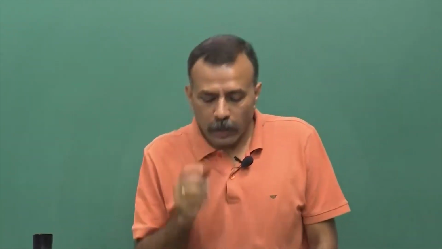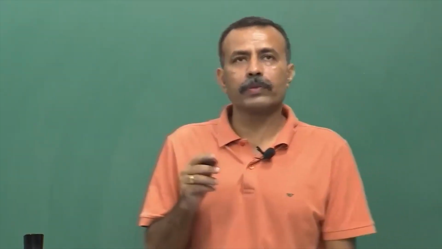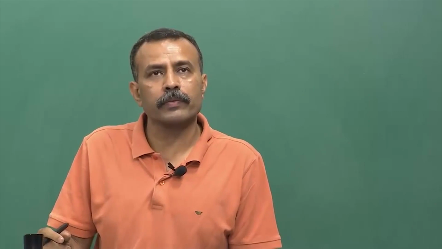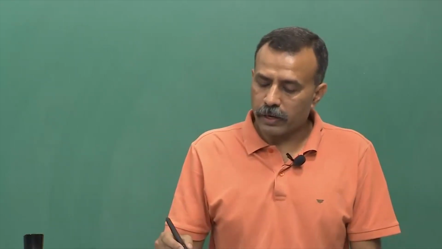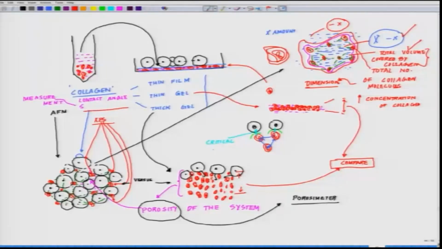Okay. So, now you can vary the porosity of the three-dimensional matrix, and depending on the, so you have to take another thing into account. You may have a cell this big, you may have a cell this small, you may have even a smaller cell.